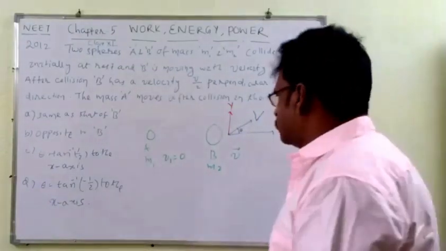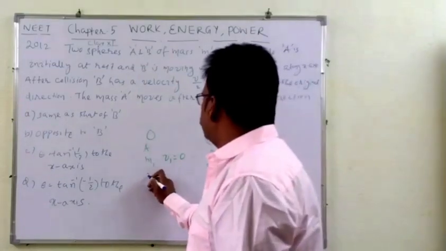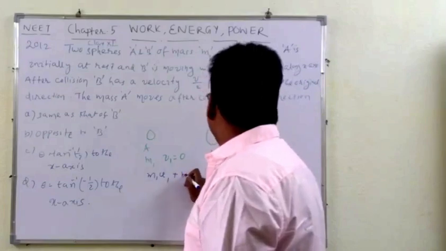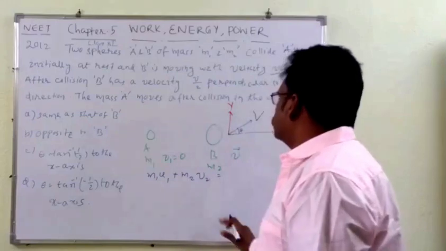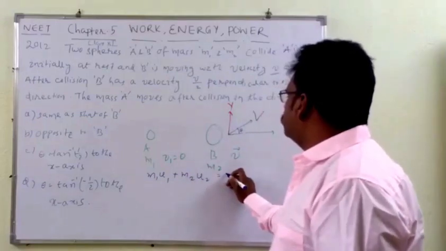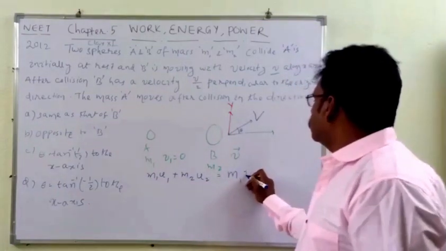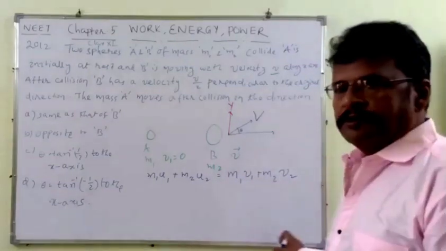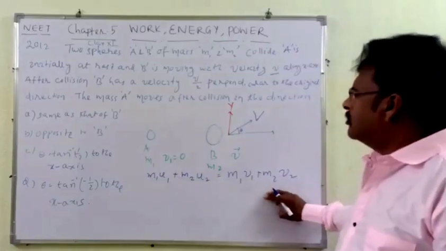Let us first consider the first situation. m1 u1 plus m2 u2 is equal to m1 v1 plus m2 v2. This is the linear momentum before the collision, and this will be the linear momentum after the collision.